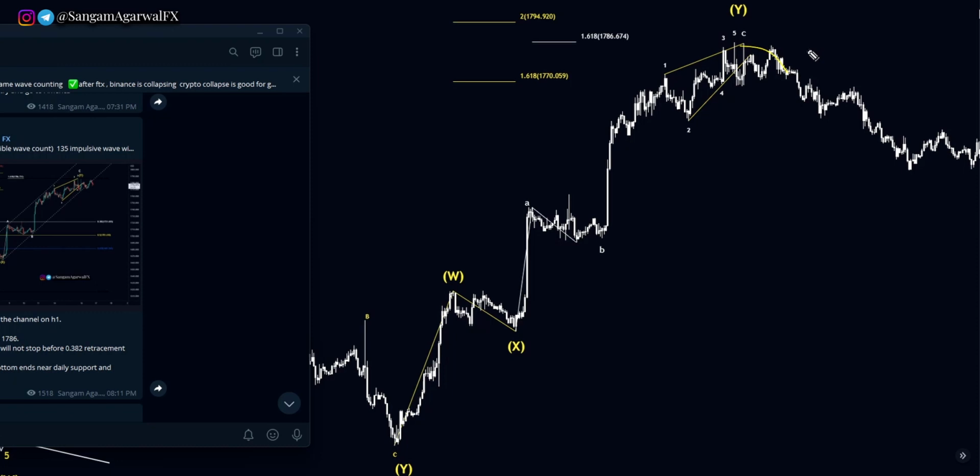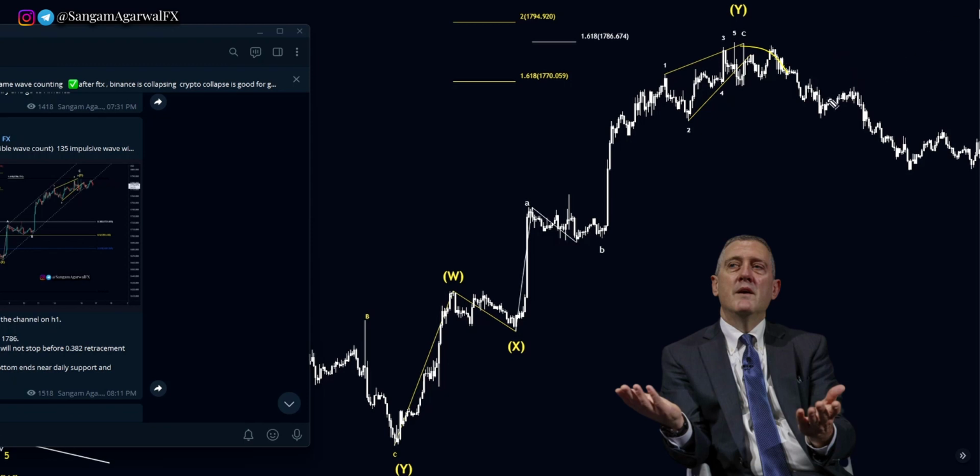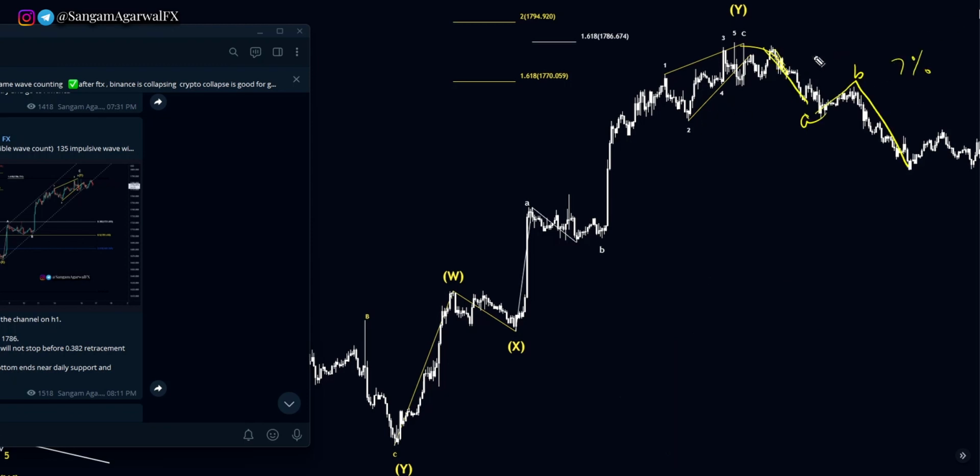But when the drop started, a few hours later news came that FOMC's Bullard said they will hike to a 7% interest rate, and after the ABC correction wave C started, and that came after the news.